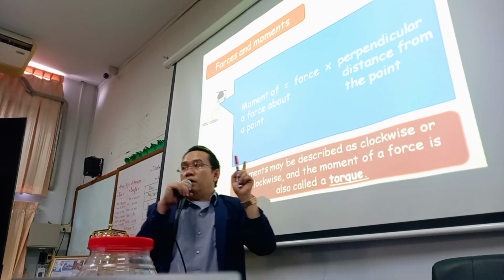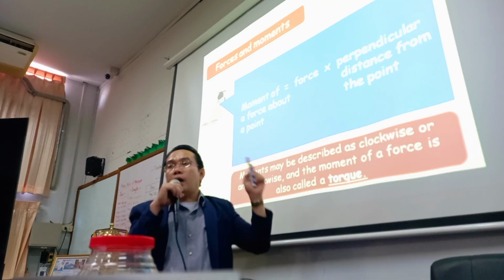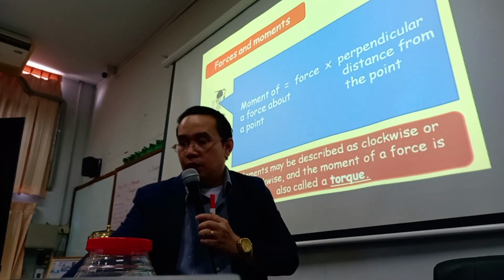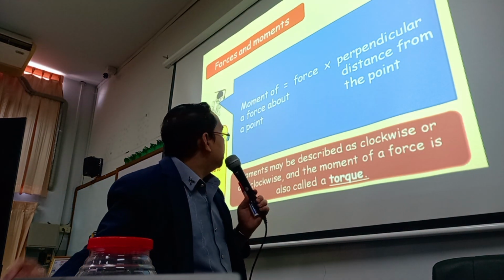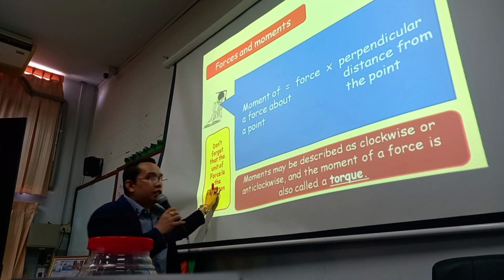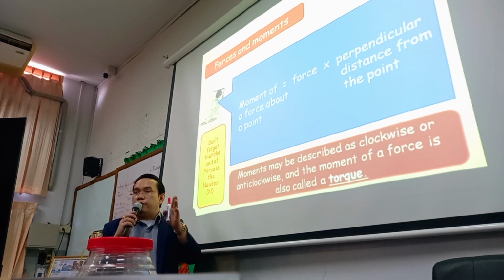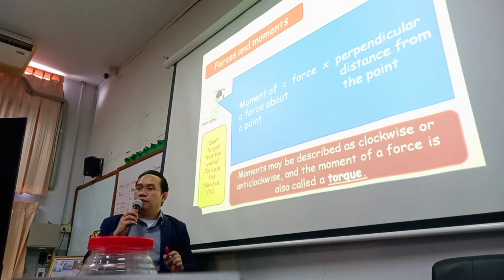If there is clockwise, there is anti-clockwise or counterclockwise direction. Got it? So that's how the turning effect is all about. Don't forget that the unit of force is Newton, and the unit of moment of force is Newton meter.